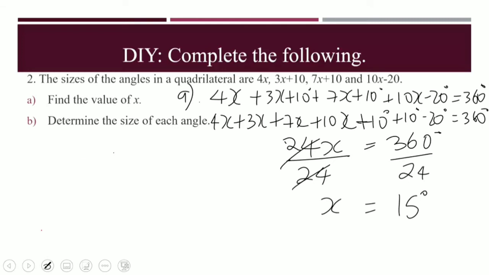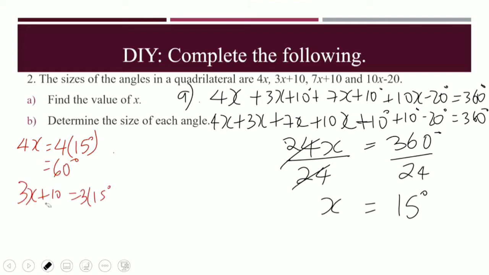All right, so we have 4x. That's going to be 4 times x, which is 4 times 15 degrees. That gives us 60 degrees. And then we have 3x plus 10. 3 times 15 degrees.